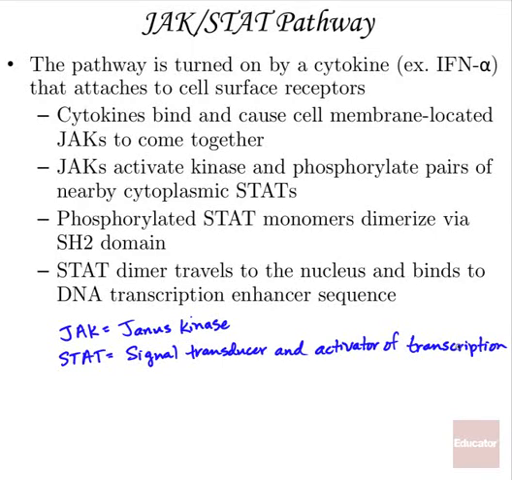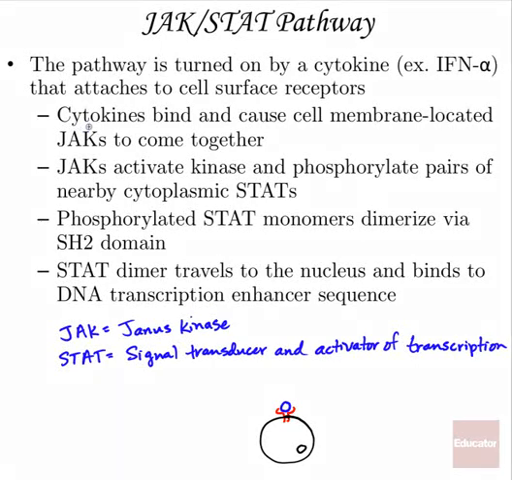Okay, so the JAK-STAT pathway. If we were talking about the previous slide, here's our cell, here's our nucleus, and we have a receptor. We have something binding to that receptor, in this case the cytokine.